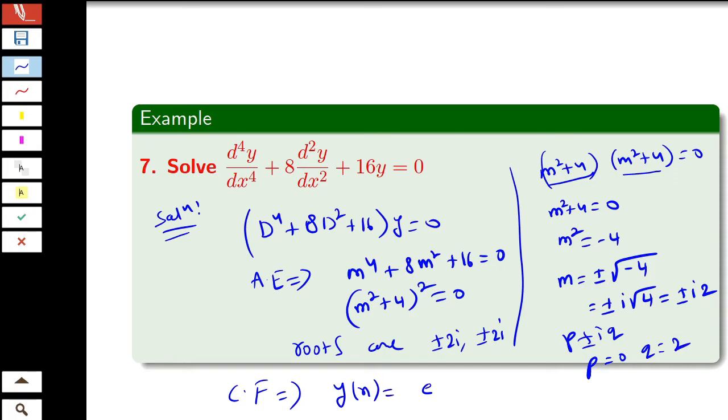E power 0x, c1 plus c2x, cos qx, that is 2x, plus c3 plus c4x into sin 2x. Here it is fourth order, so remember you need to get 4 constants: c1 plus c2x for the repeated 2 times, and c3 plus c4x for sin 2x.